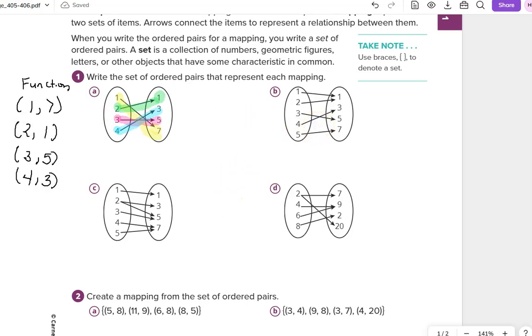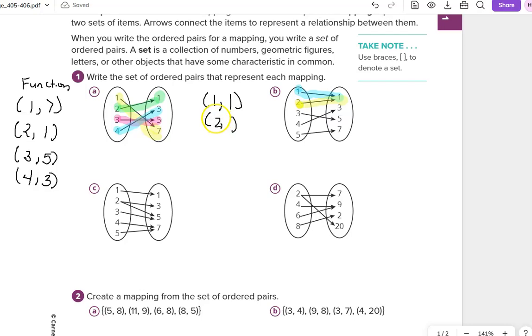Now I'm going to do B. So I'm going to start with 1, and I'm going to follow my arrow to 1. So my ordered pair is when my input's 1, my output is 1. Then I'm going to do my next one. So I'm going to go to 2. When my input is 2, my output is 1.